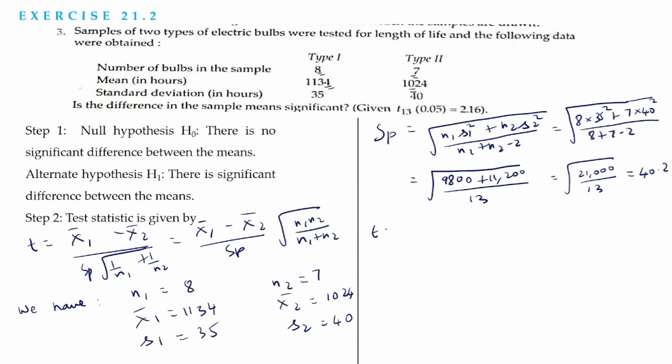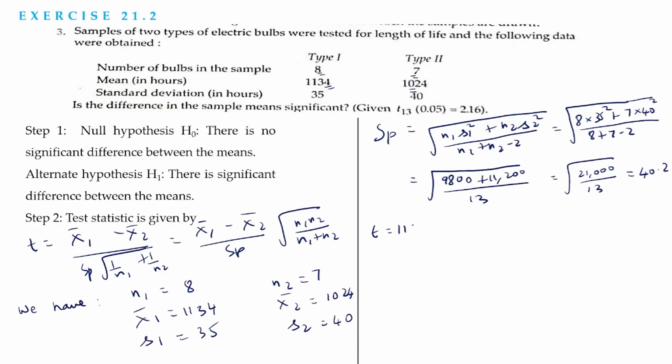Now let us find t. So for t we have x1 bar is 1134, x2 bar is 1024, upon Sp, we have 40.2 into root of n1 n2 by n1 plus n2, where n1 is 8 and n2 is 7.